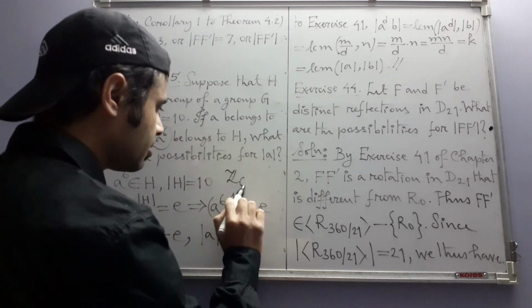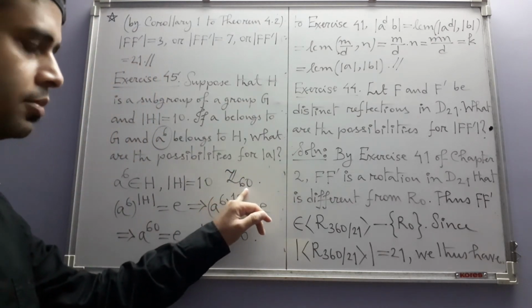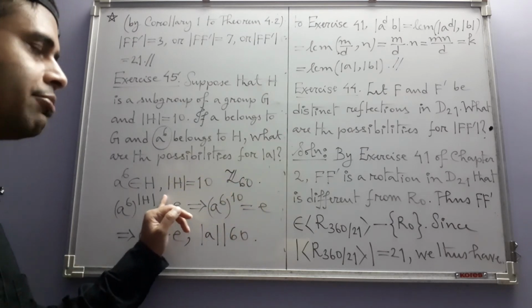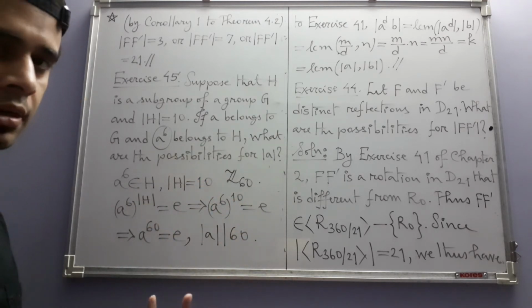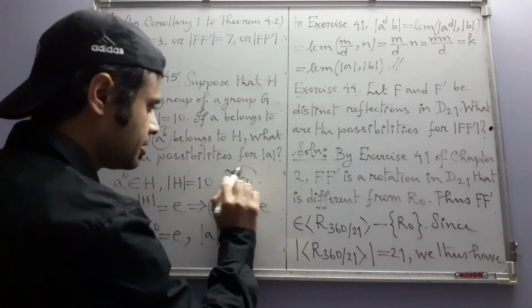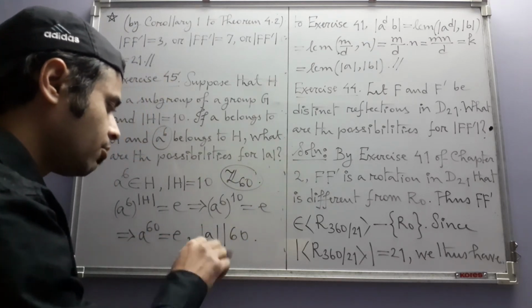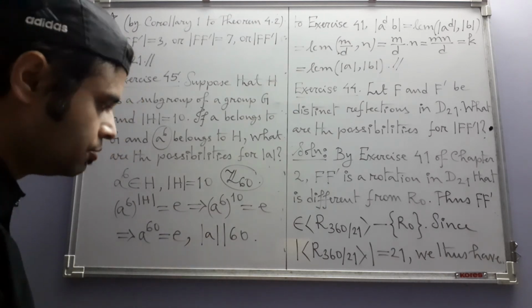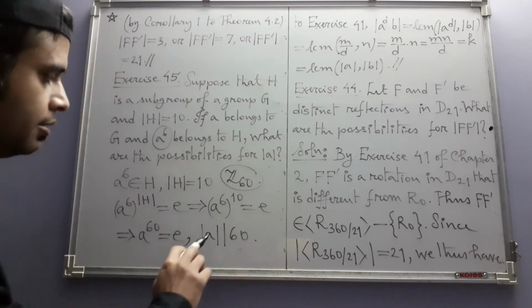Now if one looks at this particular group, the group of integers from 0 to 59 under addition modulo 60, that is a cyclic group whose generator is 1, a cyclic group of order 60. In this group you will find elements of all possible orders, that is elements of order 1, elements of order 2, 3, 4, all the divisors of 60 can be attained.